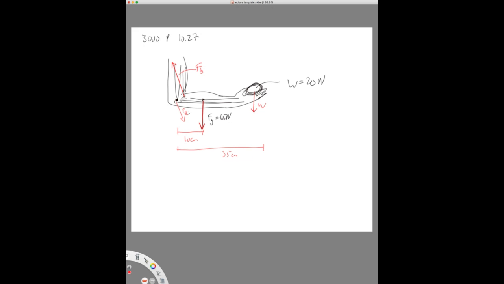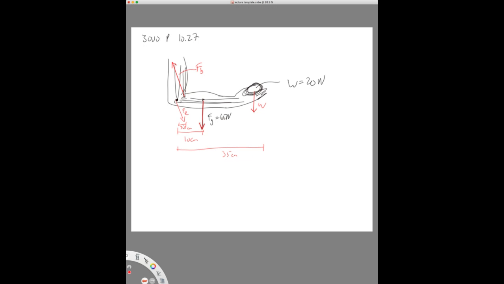And what we're being asked is what is the tension in the muscle, or the force that your biceps has to exert in order for you to just hold a 20 Newton weight. They give us another distance of 3.5 centimeters.